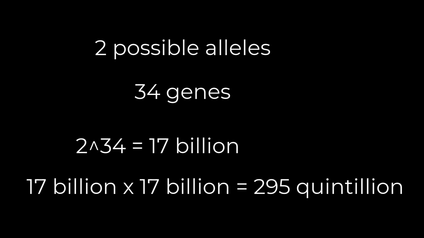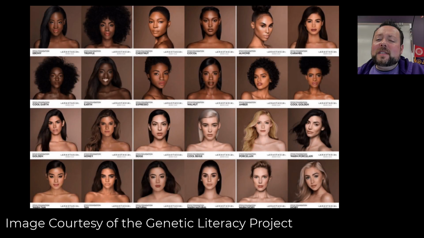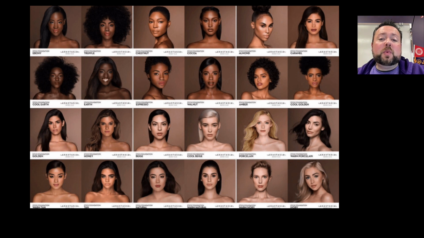And that would require a Punnett square with 295 quintillion boxes in order to cross those parents. In reality, some of these genes would be on the same chromosome, so this estimate isn't entirely accurate. But you get the idea that this creates a huge amount of variation. This is how humans can express such a spectrum of skin colors, and why there can be such wide variation even within families.